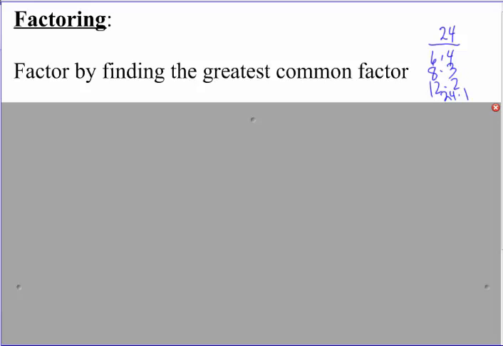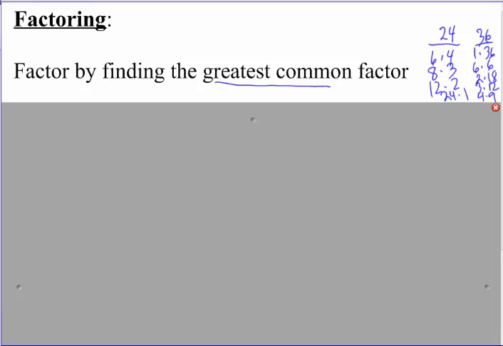So when I'm asking for the greatest common factor, I'm asking if I have another number, like 36. Okay, so 36 is 2 times 18, 3 times 12, 4 times 9, and then 6 times 6.